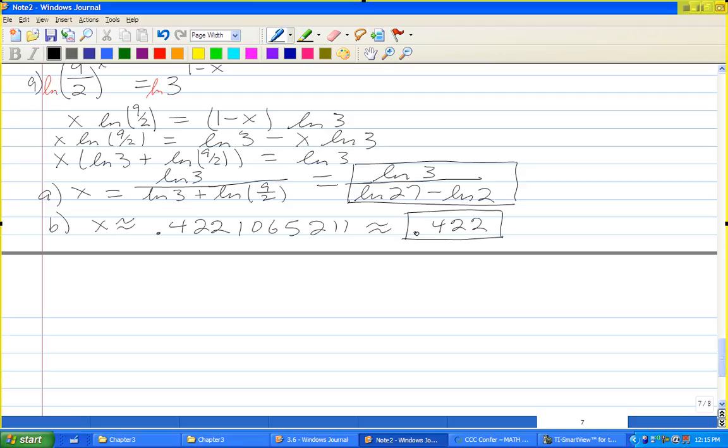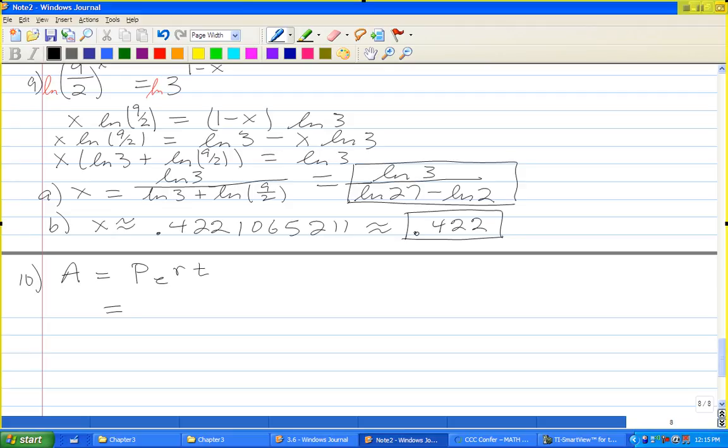Okay, 10. Cindy will require $14,000 in 4 years to return to college to get an MBA. How much money should she ask her parents for now if she invested at 12% compounded continuously? Round your answer to the nearest dollar. So A equals Pe^(rt).